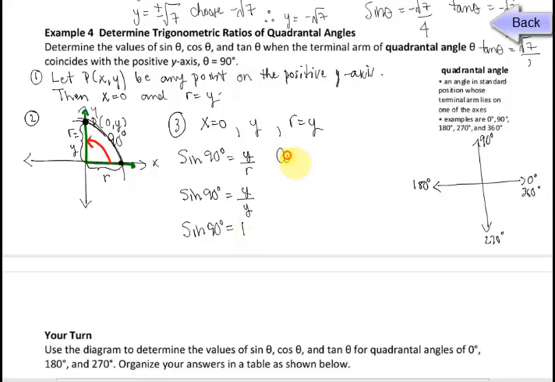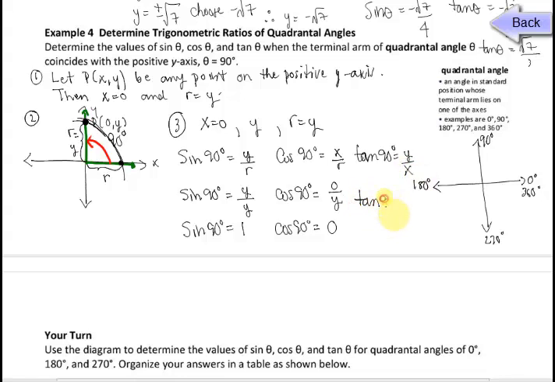Okay, so now cos of 90 degrees. We know that that is x over r. And we know that x on the y-axis is 0, so 0 over, we know that r is y, so we'll put 0 over y. And the cos of 90 degrees then is 0 over y, which is 0. Okay, tan of 90 degrees is y over x.